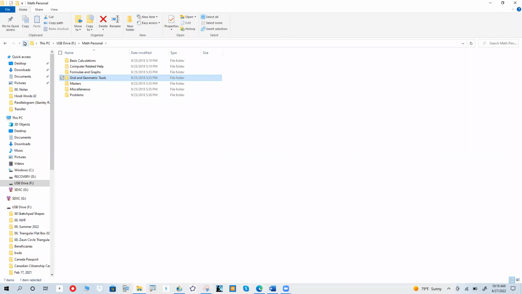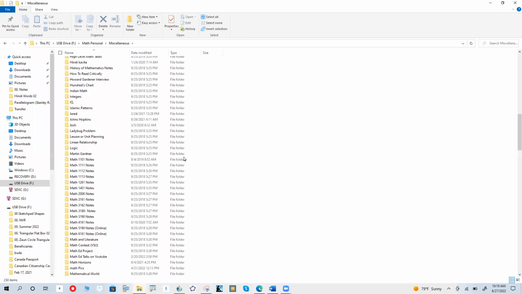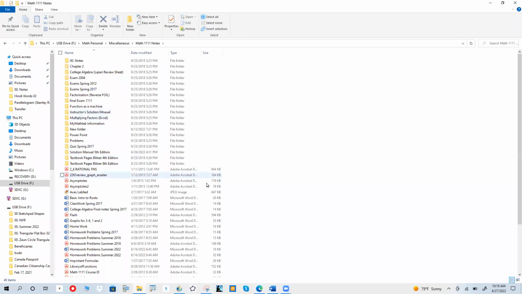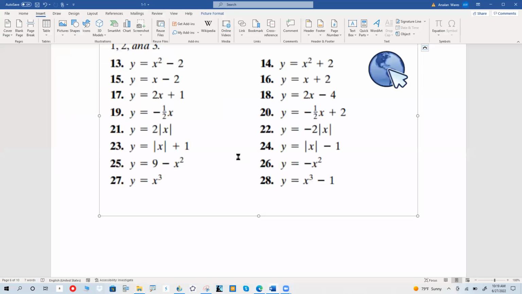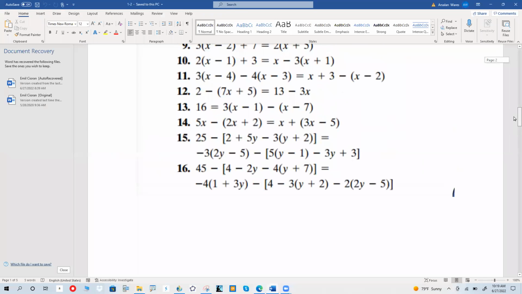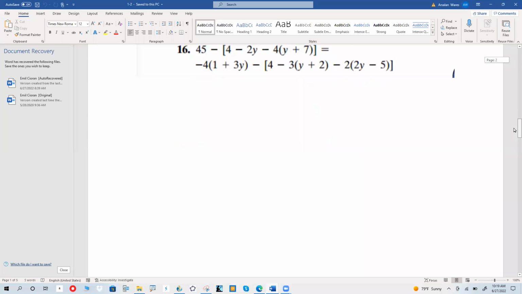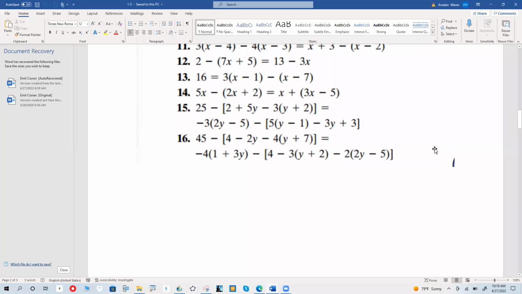So let me grab P2 notes. That's what we're doing, and I'm going to just jump into the problems and do some of them. This is called solving for x. You're going to solve equations, and some of the equations will be complicated. I assigned you 1 through 50 and then 61 through 68. So of course, as usual, I'm going to do some of the harder ones. For instance, let's start with number 16.